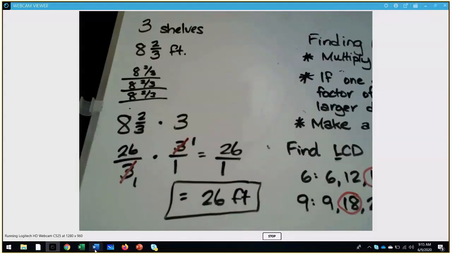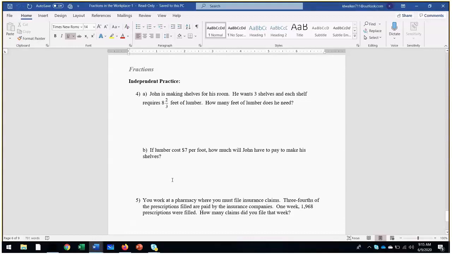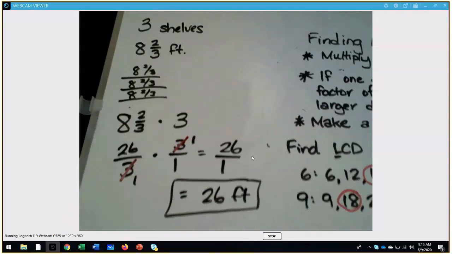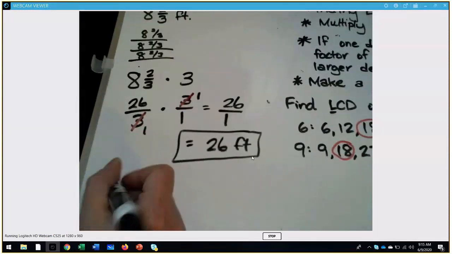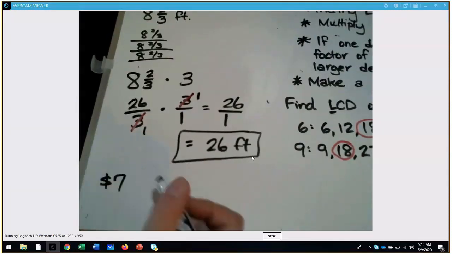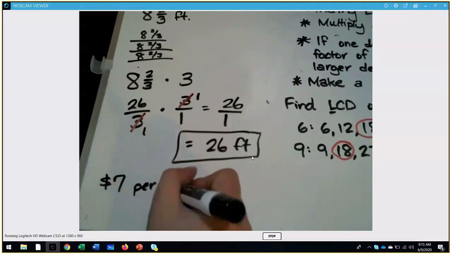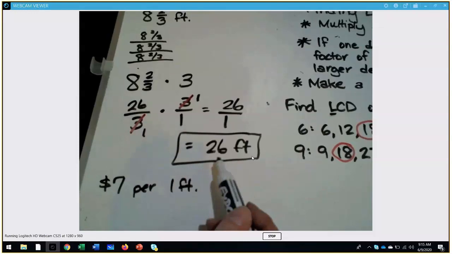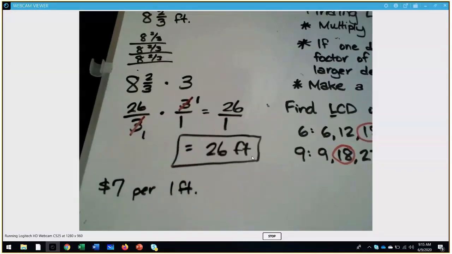Then for part B, if lumber costs $7 per foot, how much will he have to pay to do this? So that's a pretty simple calculation. It's $7 per foot, so that's $7 for 1. And we're buying 26 of them, so we just need to multiply this together.